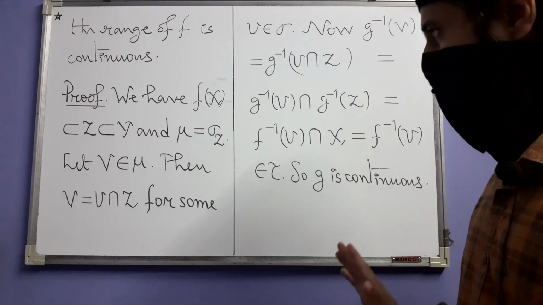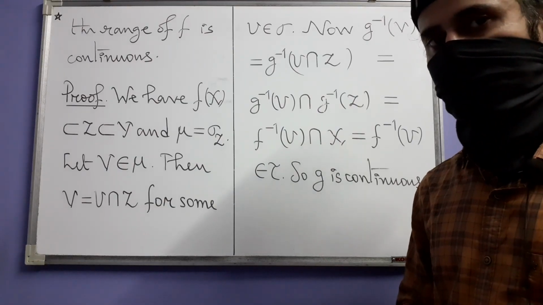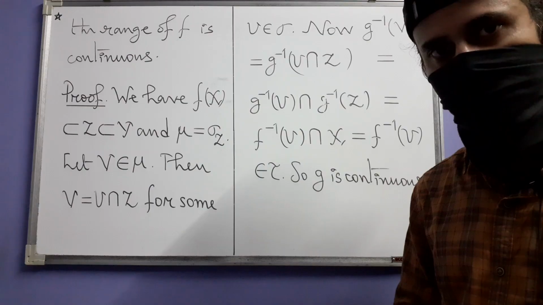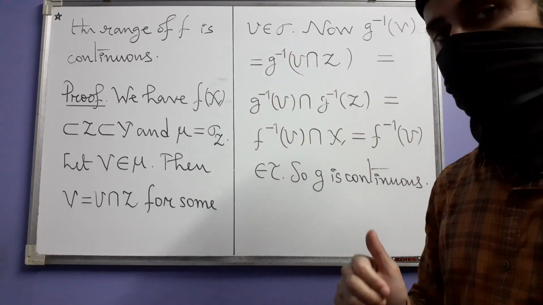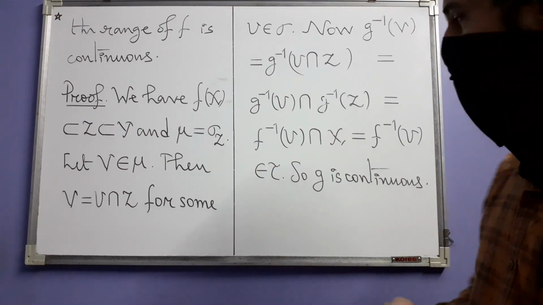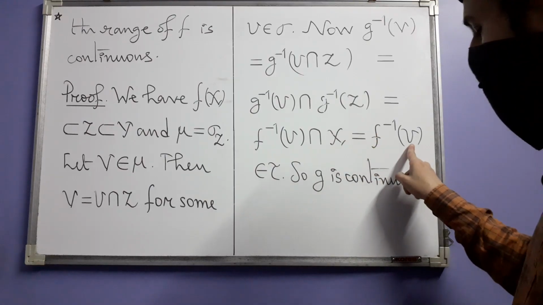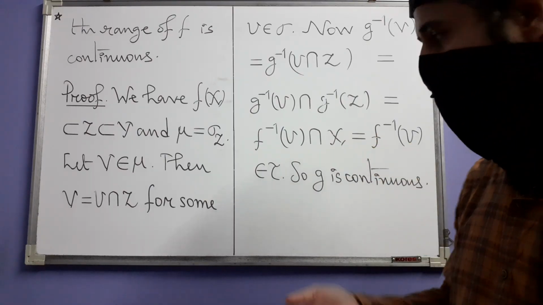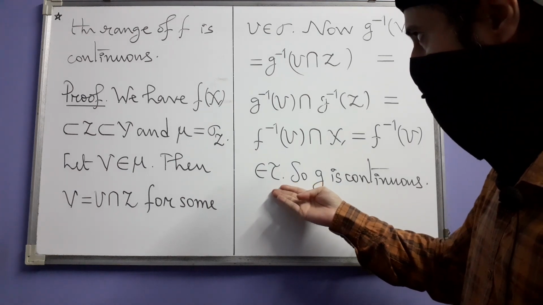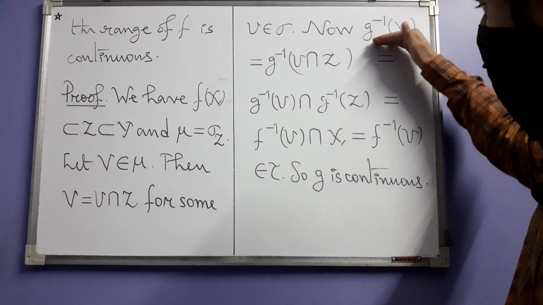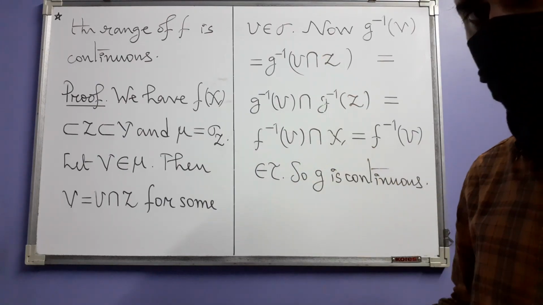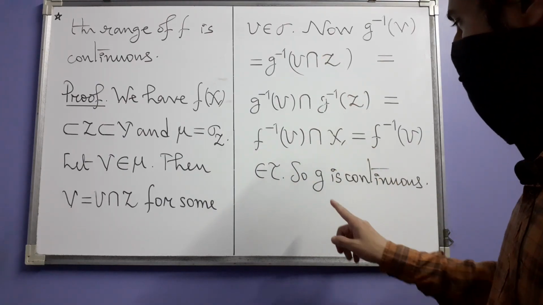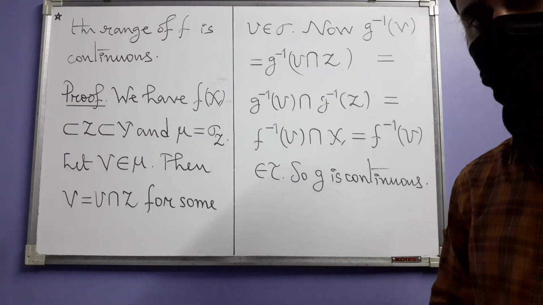But what is our hypothesis? That the function f is continuous. And U is an open set in the range of f, that is Y. So that's why f inverse of U will be open in X, that is, it will belong to the topology tau. So that's how g inverse of V also is in tau, these two things being the same, and that's how g is also continuous.